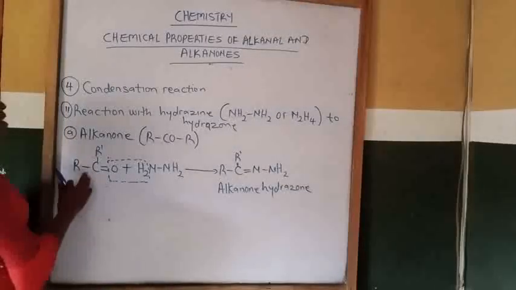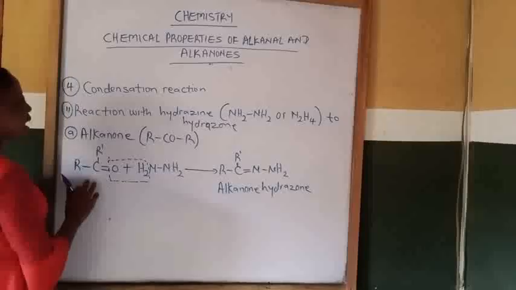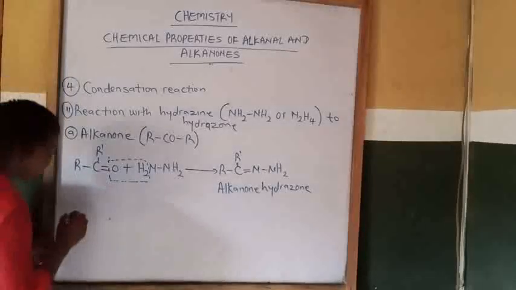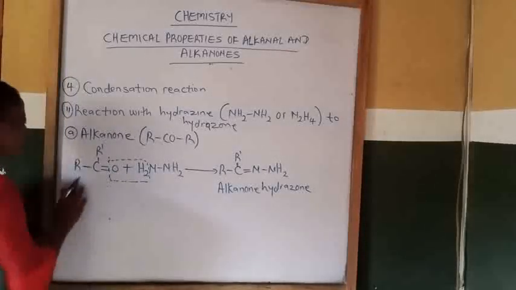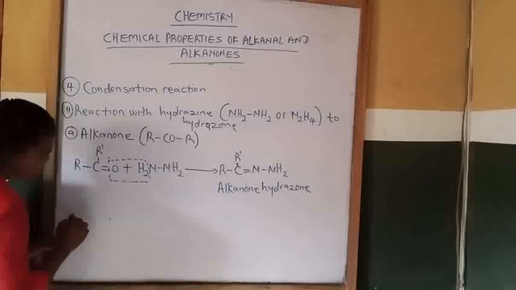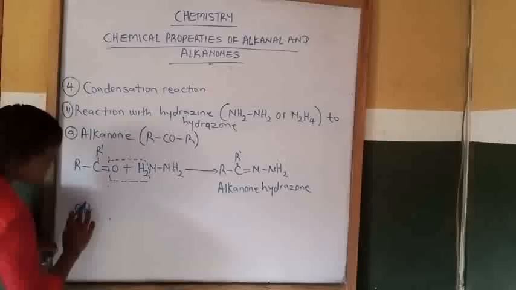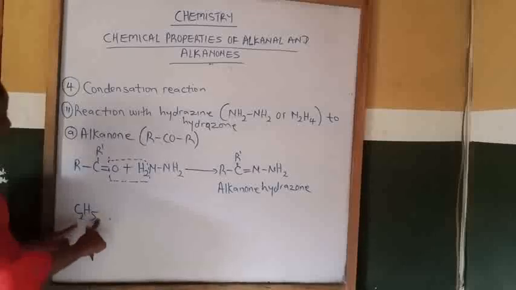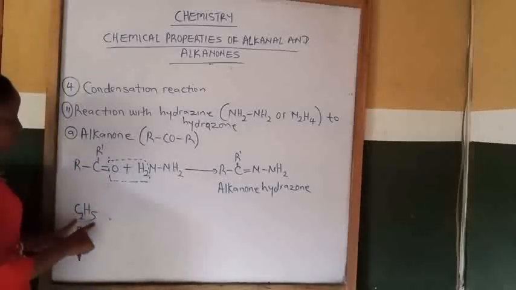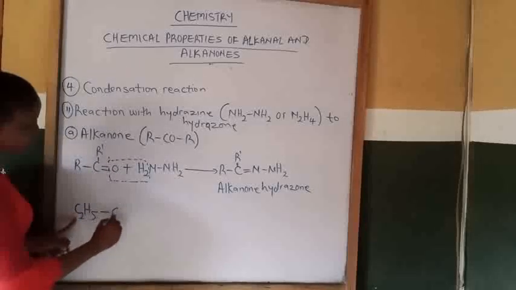So let's take a named alkanol by replacing this R with an alkyl group. C2H5 is an alkyl group, which is called ethyl.